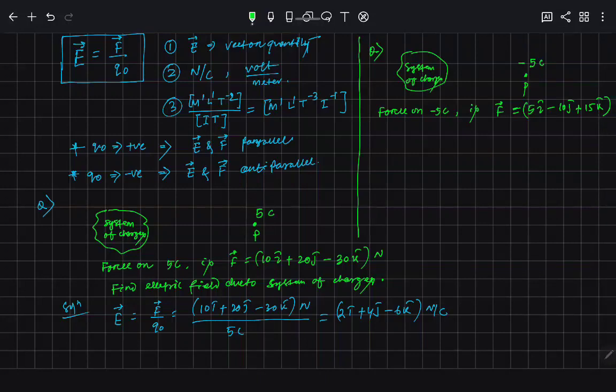Now find the electric field due to the system of charges.